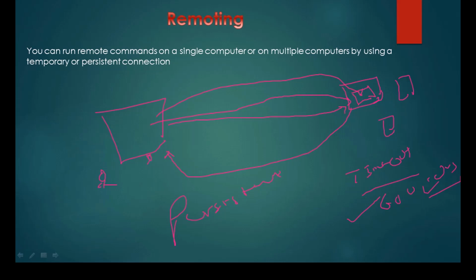You pass a command, it gets executed. You pass one more command, it is executed in the same shell. One more, it gets executed in the same shell. If you are not passing any commands for a period of this default timeout limit, then the PowerShell copy is going to be closed. So this is a persistent session.